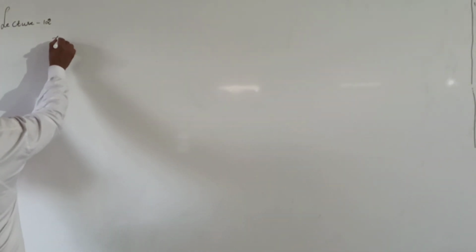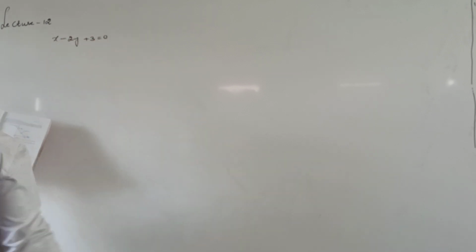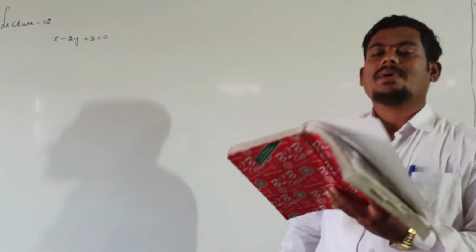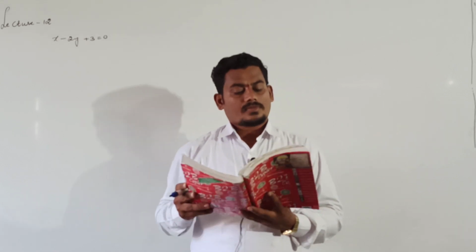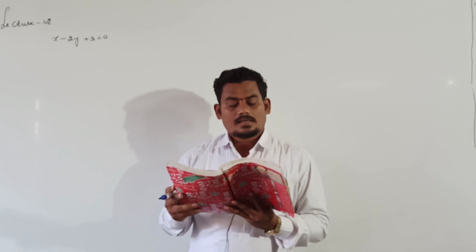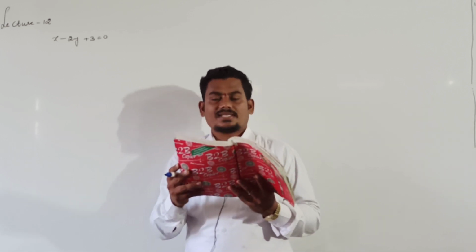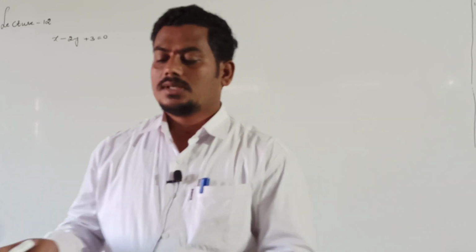Perpendicular to the line x minus 2y plus 3 equal to 0 and passing through the point 1 comma minus 2. Once again I will read the question, right? Find the equation of a line perpendicular to the line x minus 2y plus 3 equal to 0 and passing through the point 1 comma minus 2.